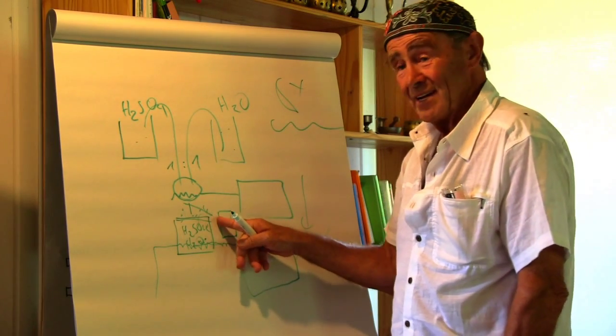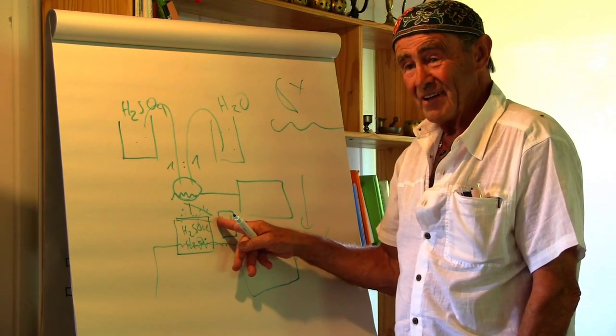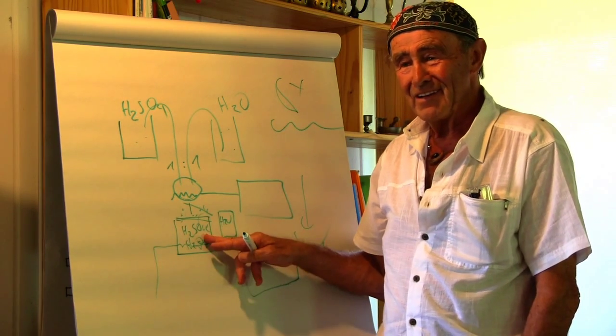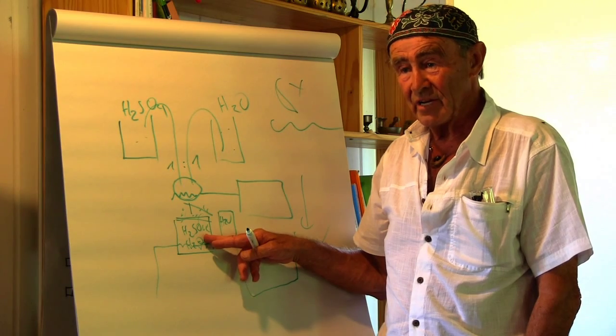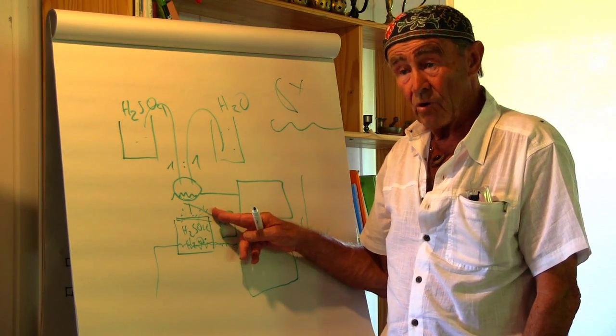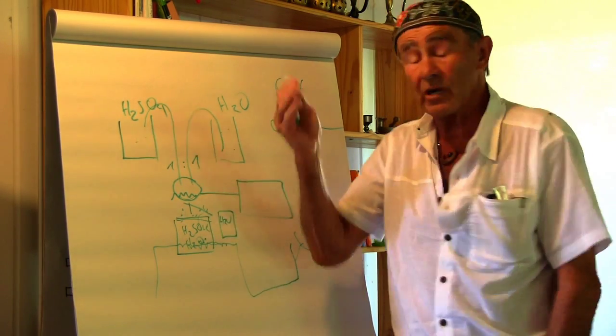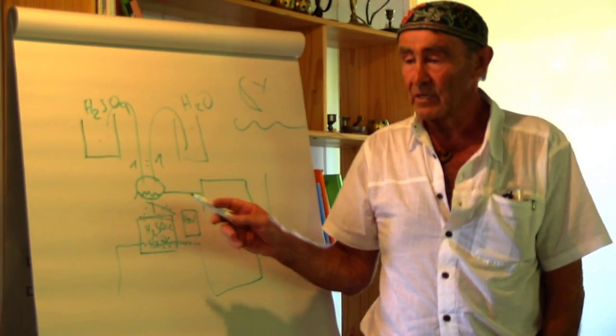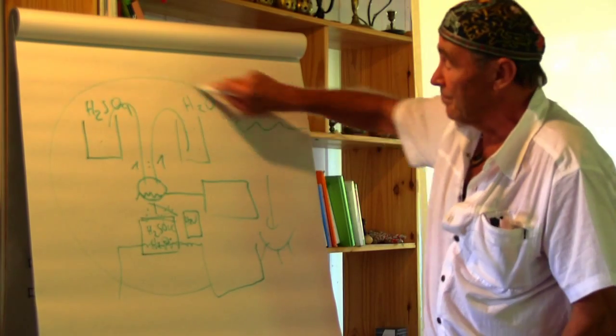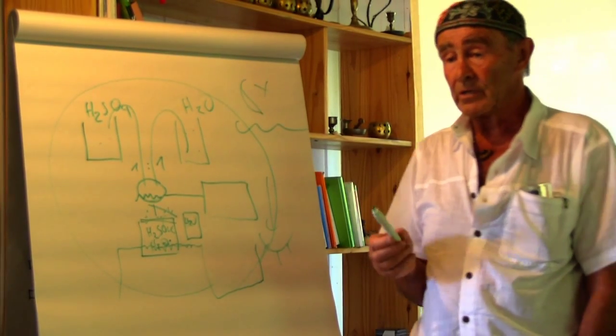By condensing the steam, we are recollecting the energy of evaporation. It's a condensation energy. And if we make a counterflow heat exchanger, we will have again nearly 100 degrees centigrade.